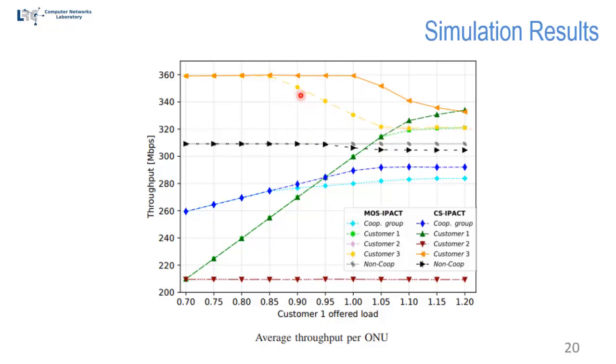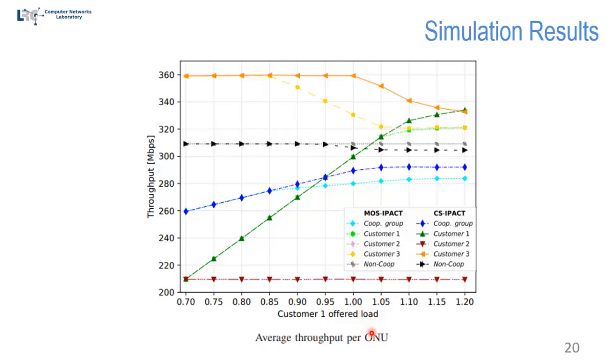Moreover, for the underloaded customer, in this case customer 2, CS IPAC and most IPAC algorithms produce the same average throughput values, line in red and pink. Moreover, for the customer which has a variable load, in this case customer 1, CS IPAC produces throughput values up to 5% higher, line in dark green, than those produced by most IPAC, line in green, under overloaded condition.